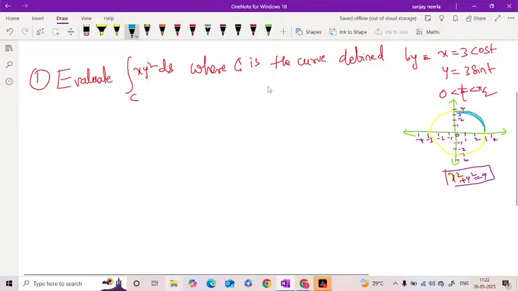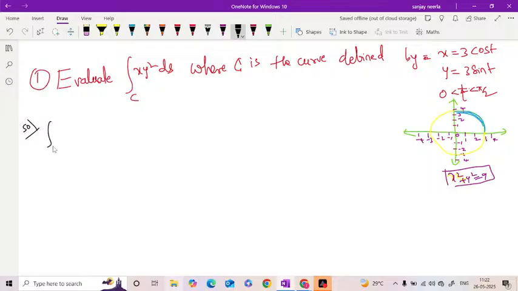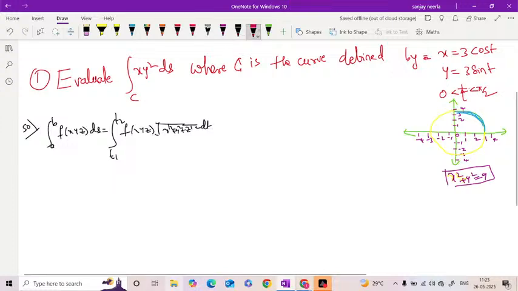Okay, and we have the three formulas. You can apply any one of the formulas. So what is our formula? Integral a to b f of x y z into ds. What is the formula? Integral t1 to t2 f of x y z into under root of x dash square plus y dash square plus z dash square into dt. Now substitute all.